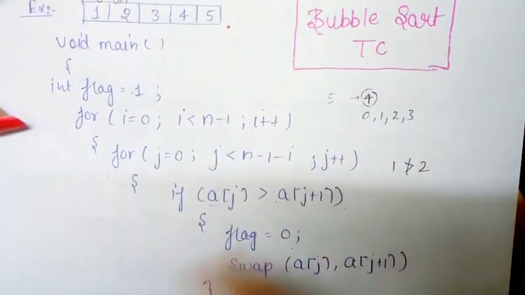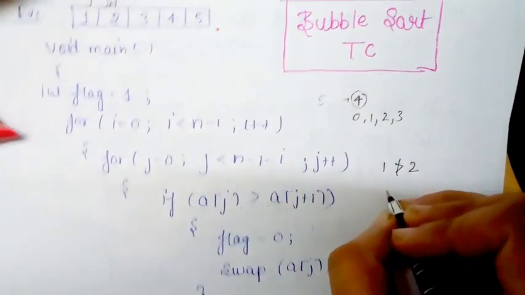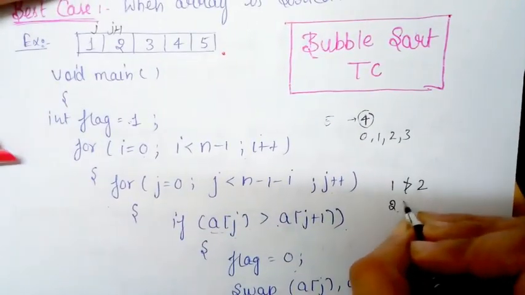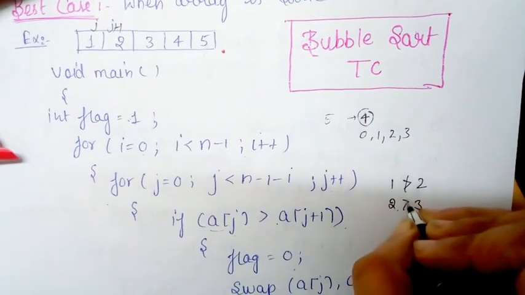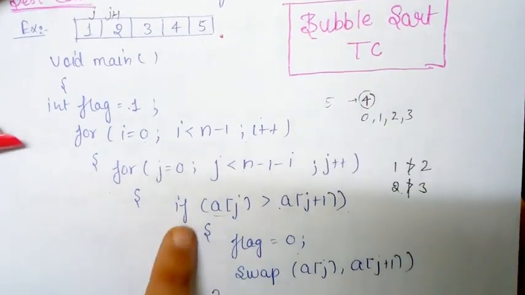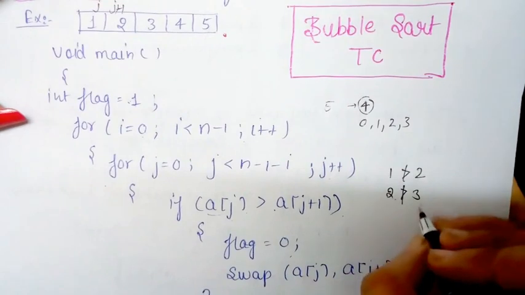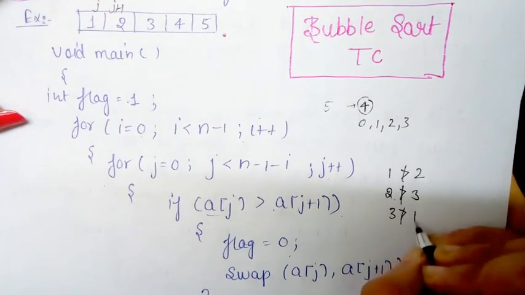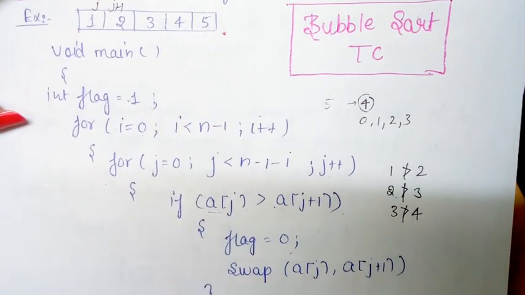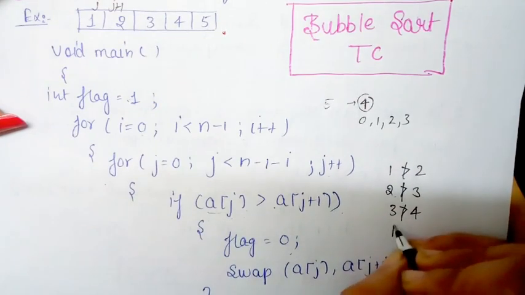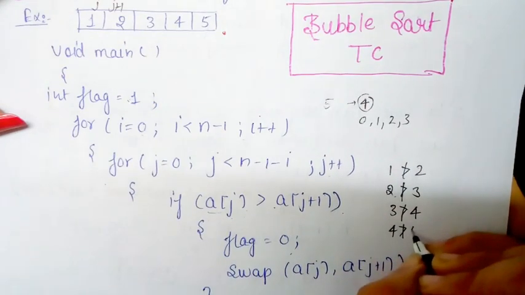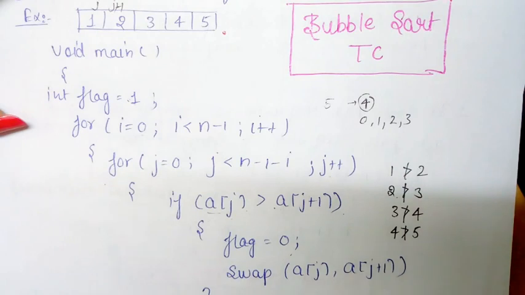Now j is incremented, and 2 will be compared with 3. This is not greater, so it will not go into this loop. Then 3 is not greater than 4, and at last it will compare 4 with 5, and it will not go into this loop.